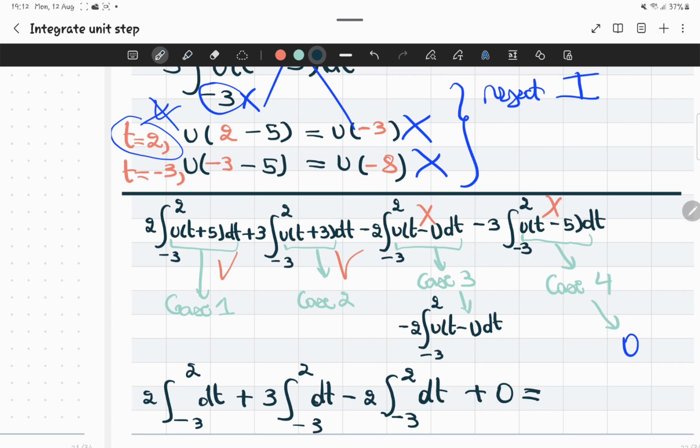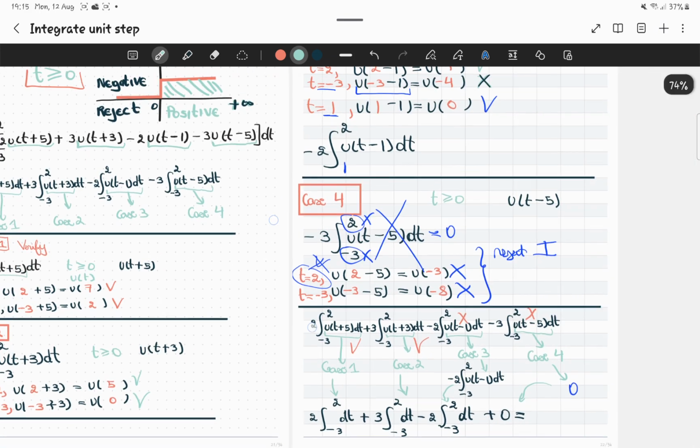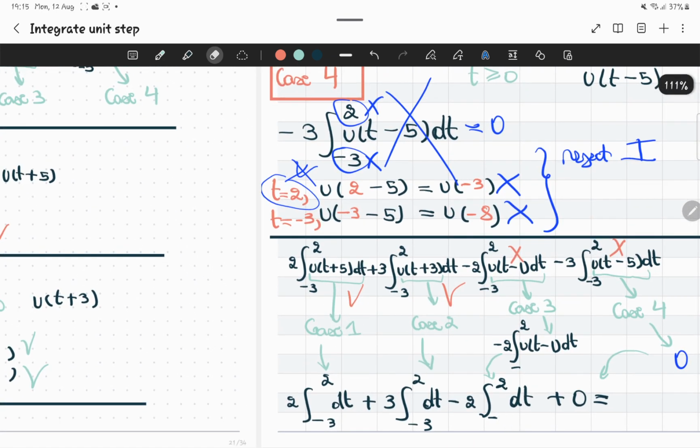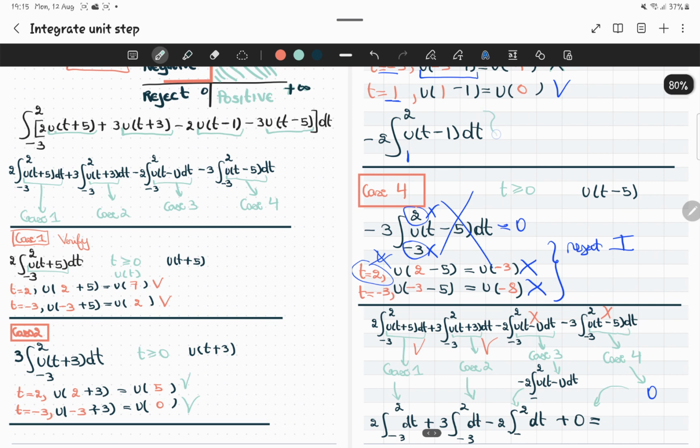Remember this is for case 1, case 2, and then case 3, and this case. This one's not 3, it should be negative 1, and this one should be negative 1, like we got in this case 3.